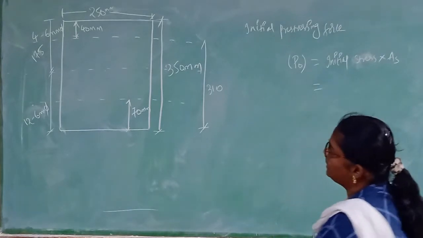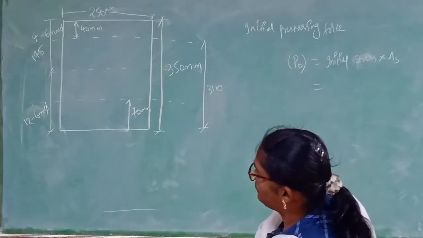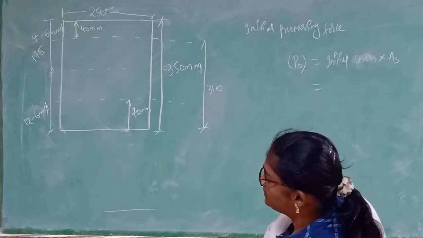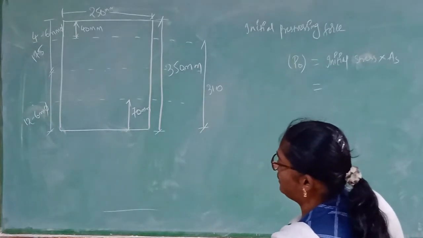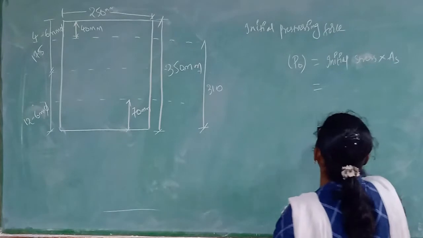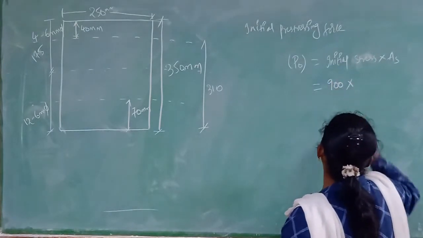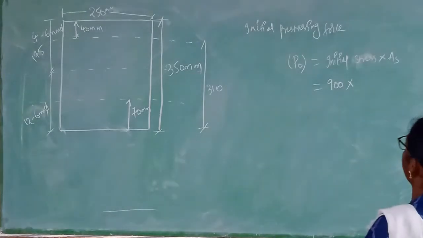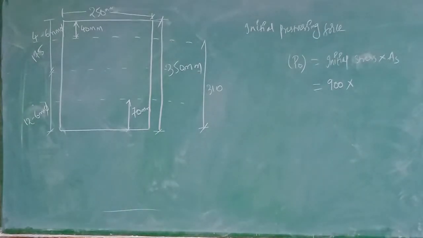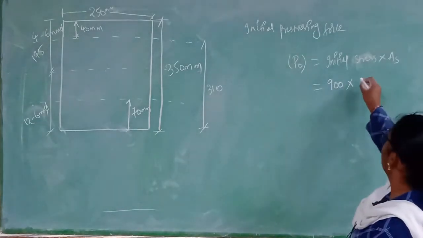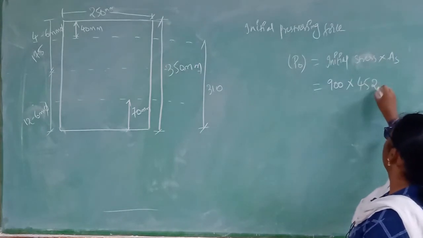What is the initial stress they have given here? 900 Newton per mm square. 900 into the area of the steel. Just now we have calculated the area of steel, right?